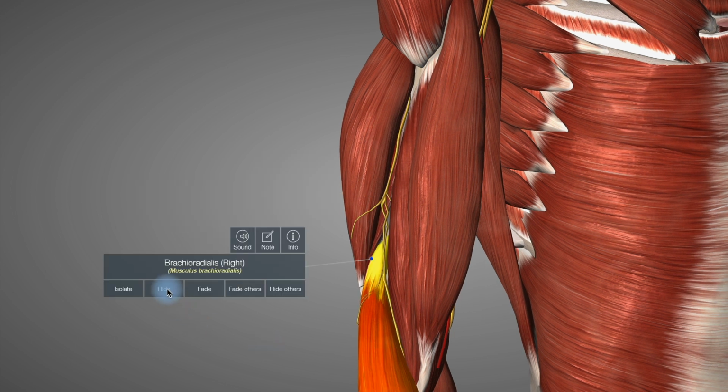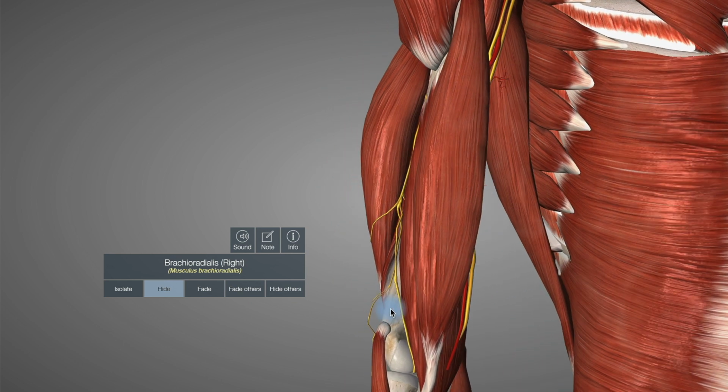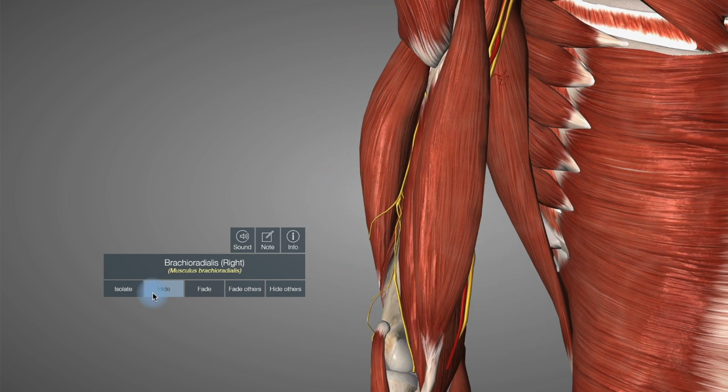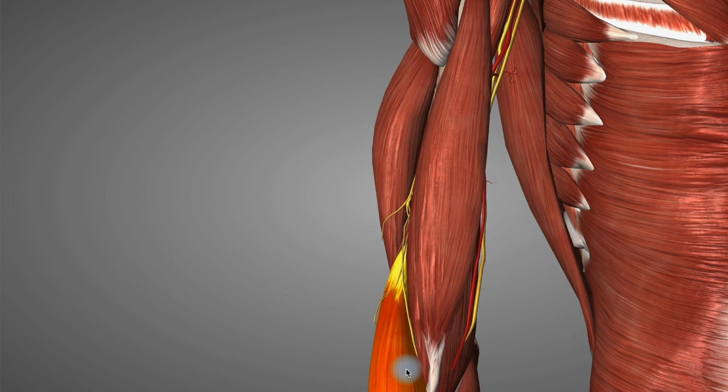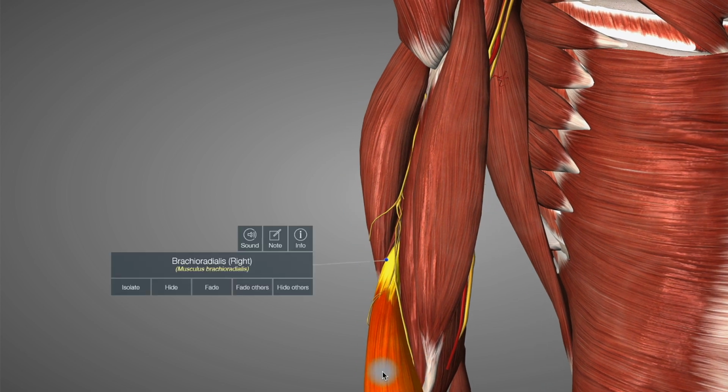So let me remove this brachioradialis muscle, and you see this radial nerve which passes in front of the lateral epicondyle of the humerus, and then it passes deep to the brachioradialis muscle and is divided into superficial and deep divisions, which end up terminating in the hand.